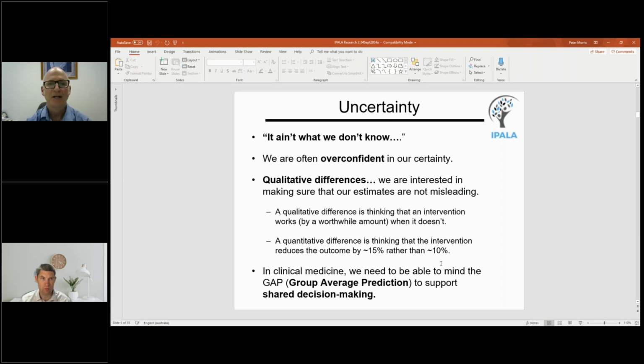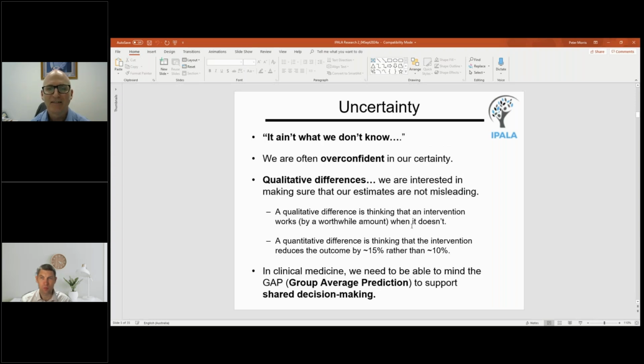Uncertainty can come in two forms. David Sackett used to talk about qualitative differences. For example, a qualitative difference would be when you think an intervention works by a worthwhile amount when in fact it doesn't work. There are also smaller differences which he called quantitative, where you might think an intervention reduces an adverse outcome by 15% when really it's more like 10%.